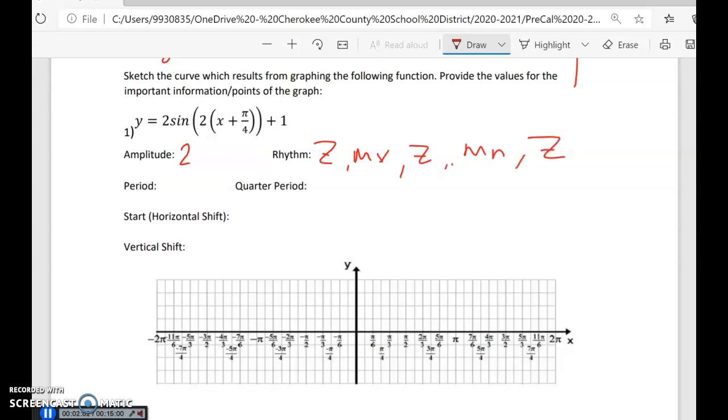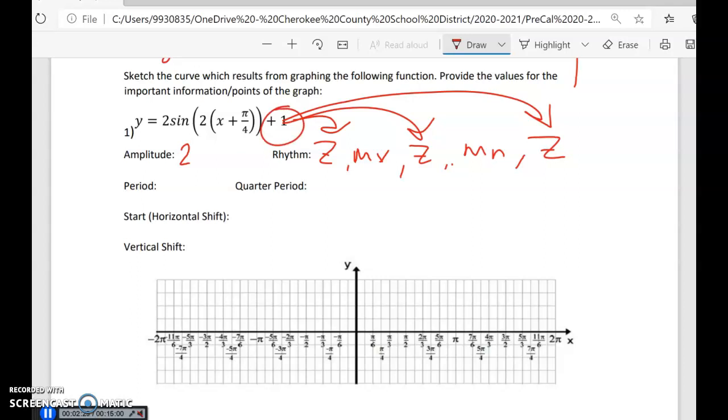And instead of it being on the x-axis for zeros, they're all going to be at a y value of 1. So instead of going for each of those individual points by our quarter period with that value and a 0, it's going to be that value and a positive 1.